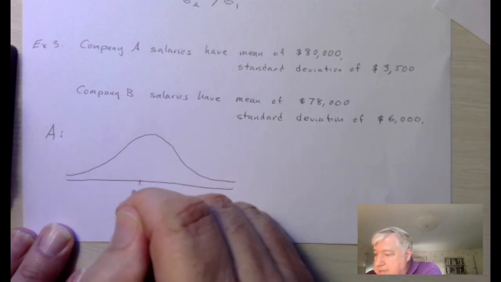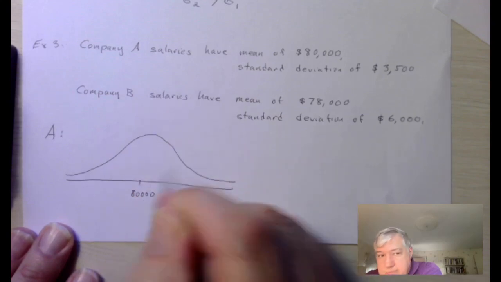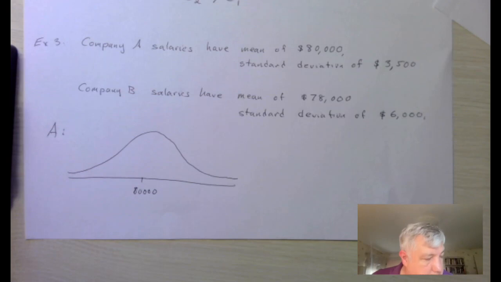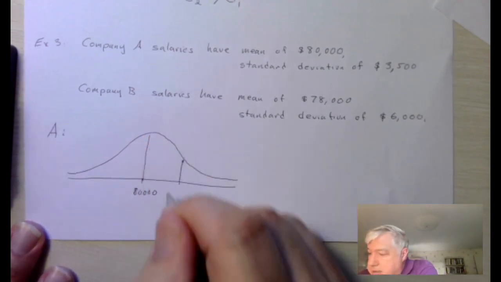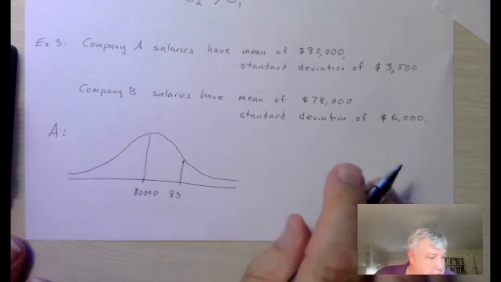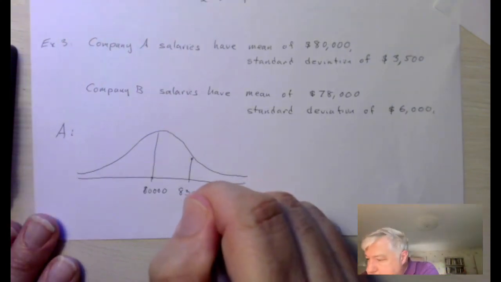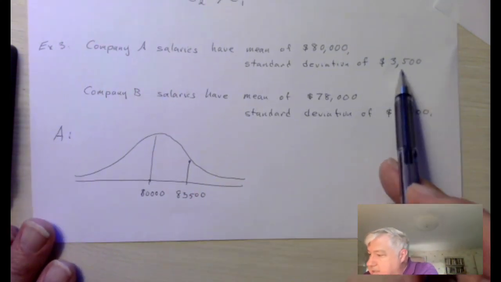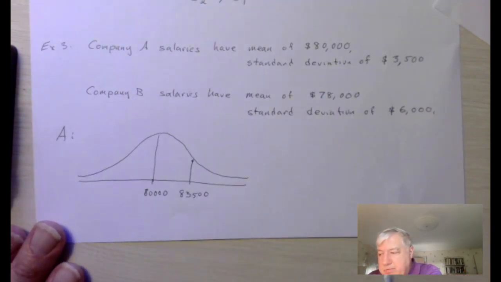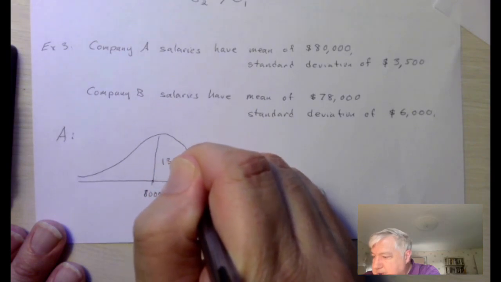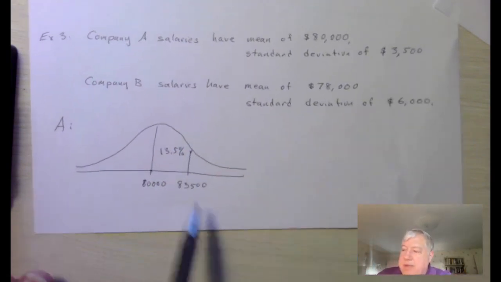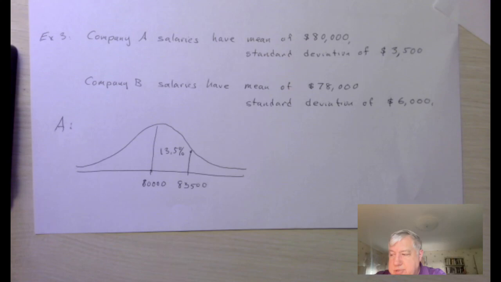Okay, so here's 80,000. If we go one standard deviation over, that is 83,500. We just added this to this, and that's one standard deviation away. And as we said, 13.5% of the salaries are in this range.